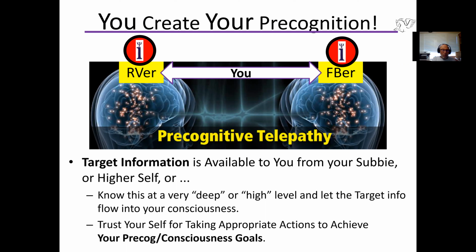And know this is at a very deep or high level, and just let the target info flow into your consciousness. It's more allowing than anything else. You know, it's that sort of subtle kind of thing. You're a witness when you're doing the remote viewing. And then trust yourself for taking appropriate actions to achieve your precog consciousness goals.